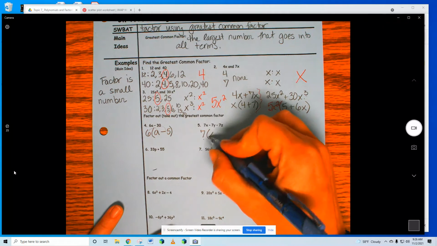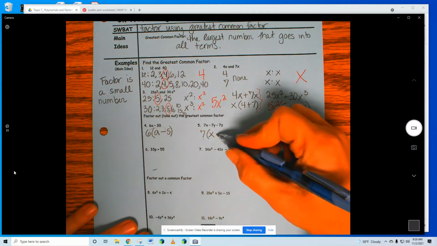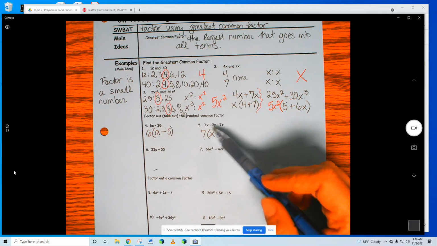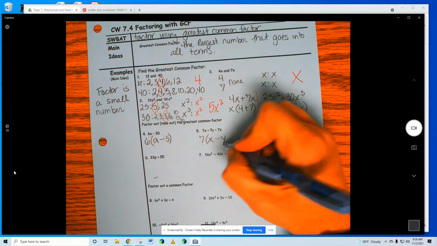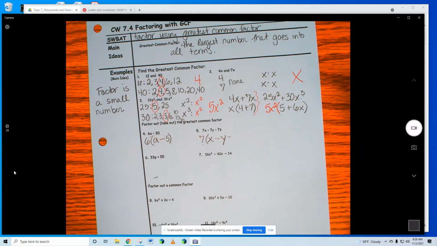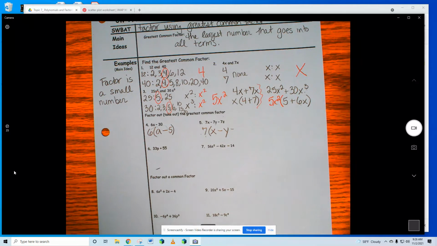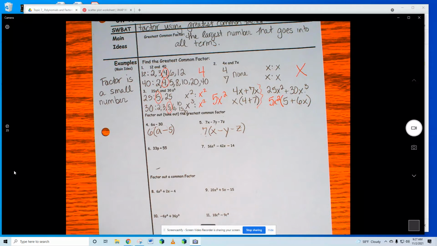Just the x. I have to put the subtraction sign. 7y with a 7 divided out. Just a y. Good. And then I have to put my subtraction sign after. 7z with a 7 divided out. Z. Good.